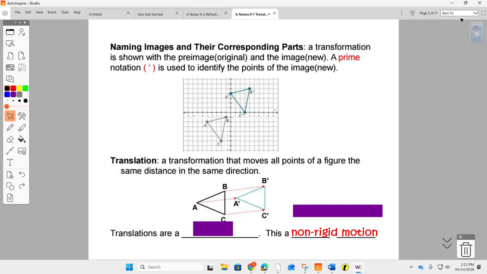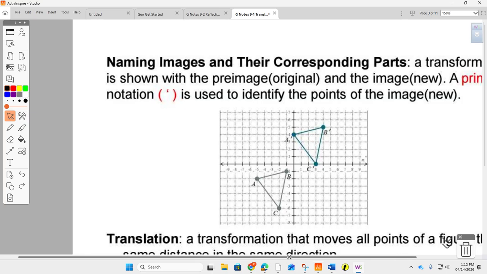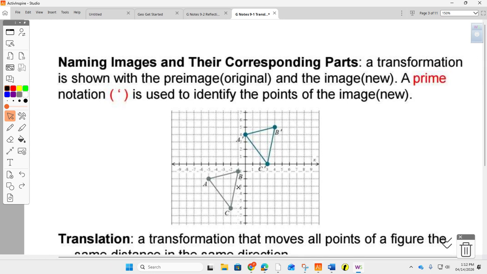So look in here, these have the apostrophe, so that's the image. This triangle has the apostrophes on its vertices. So this is triangle A prime, B prime, C prime. That's the new one. Triangle ABC, that is the original, or the pre-image. Sometimes they'll say the figure and the image, something like that.